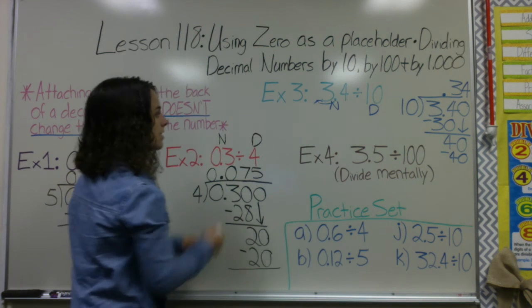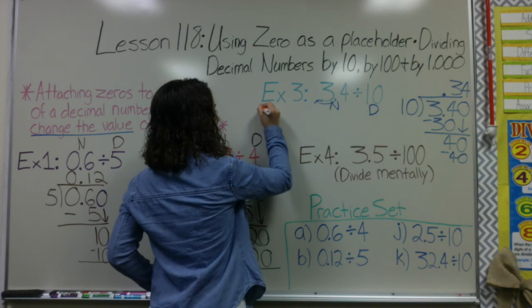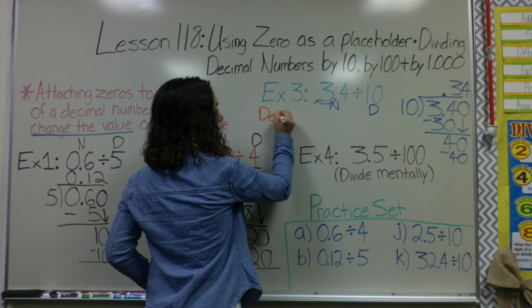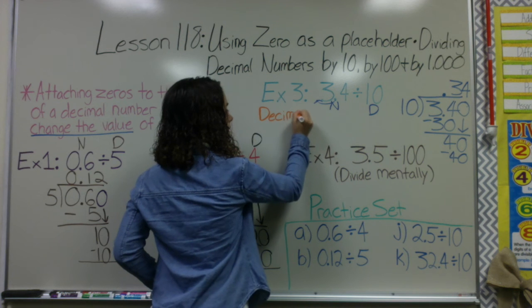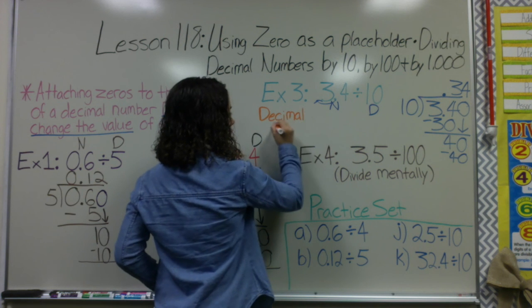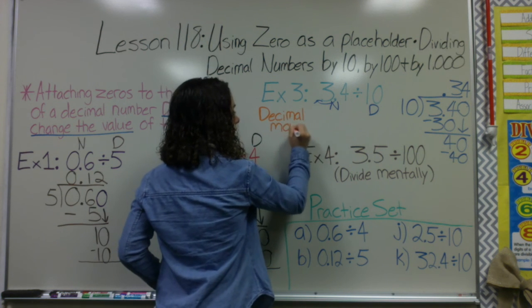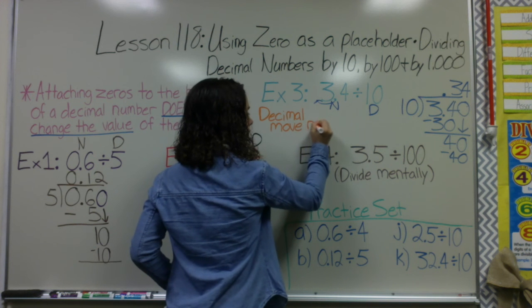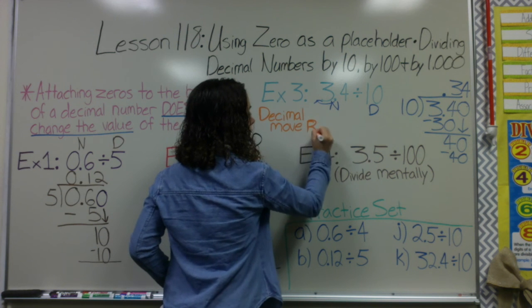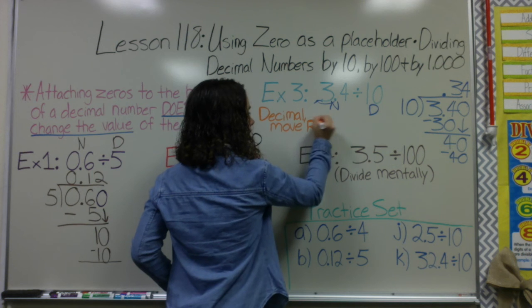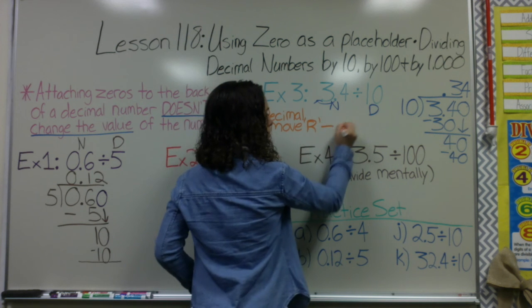I'm going to go ahead and write this down. Decimal moves right, I'm going to just put an R for right, for multiplication.